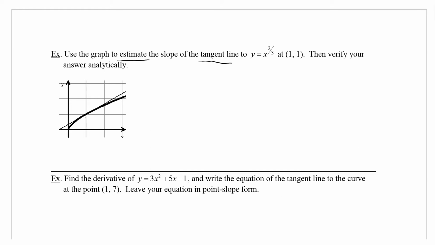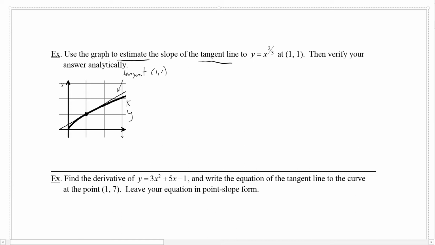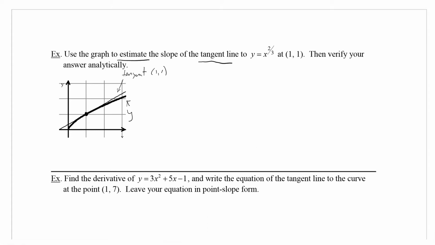So we have a picture of a graph here. This is y, and this is supposed to be the tangent line at (1, 1) of this function. I'm going to draw a dot right here so that we can see that that's (1, 1), and that line crosses that (1, 1) point of the graph just once.